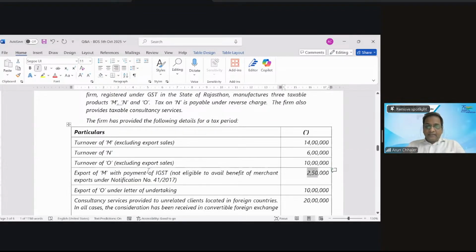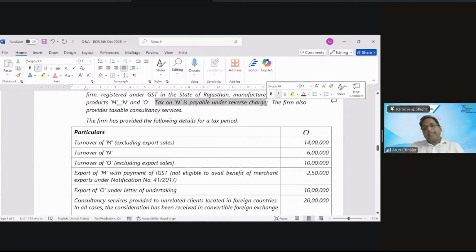They are saying it is with payment of IGST, so it is not eligible to avail the benefit of the merchant exports under that notification. No problem. Turnover of N is 6 lakh. And which product is payable under RCM? N is payable under RCM.